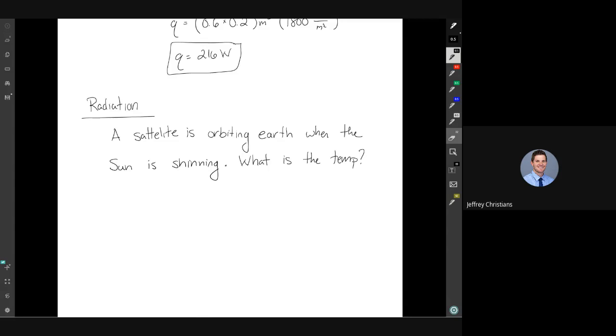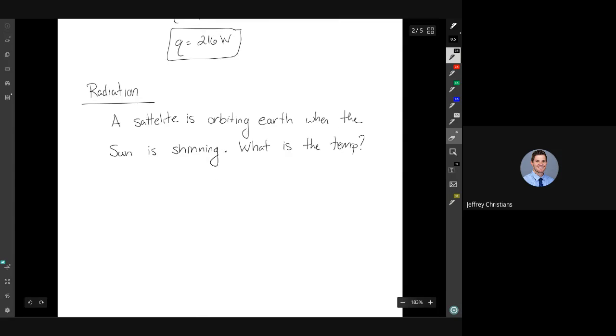Okay, so let's imagine, just for the sake of easy geometry, we have a circle that's 1 meter. That's our satellite.